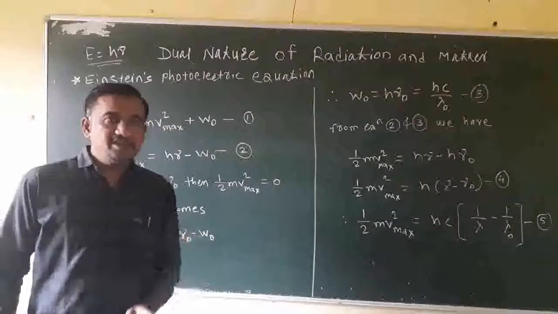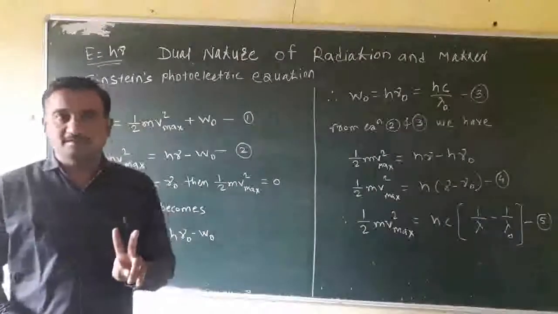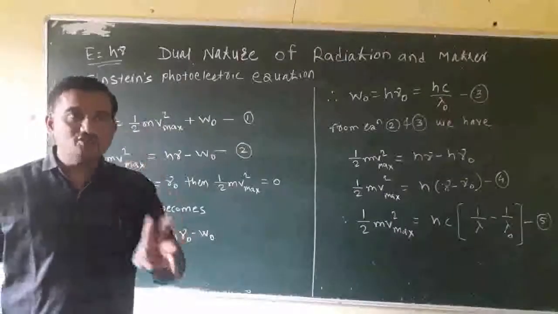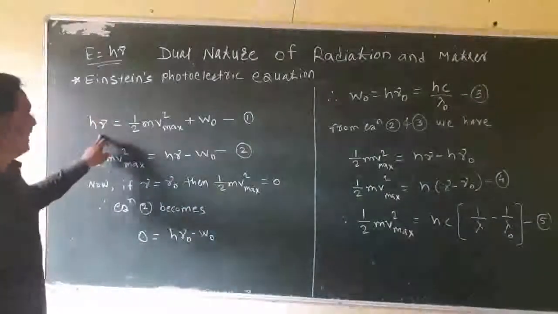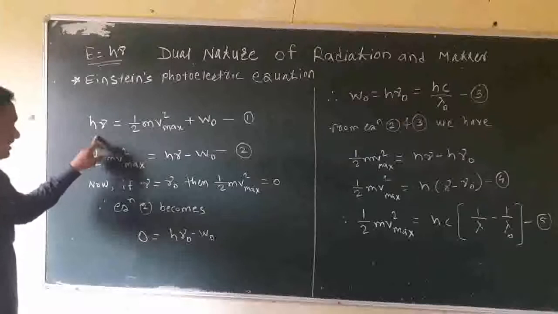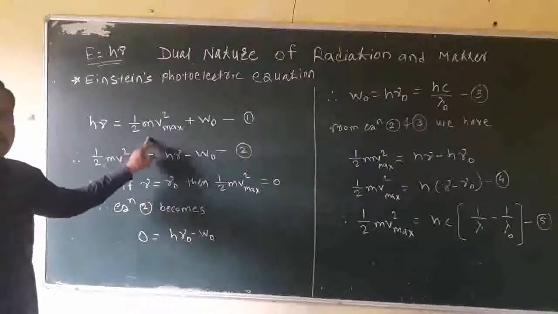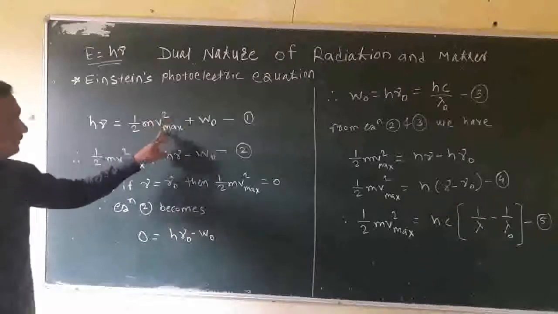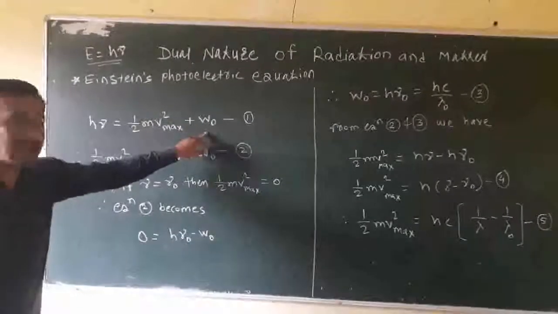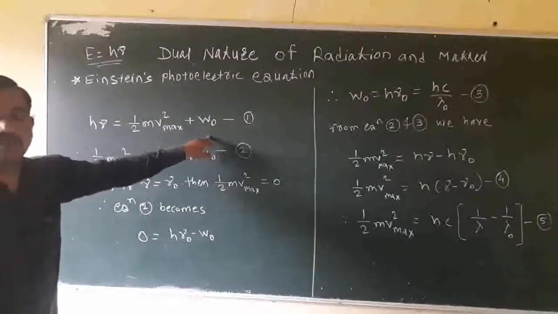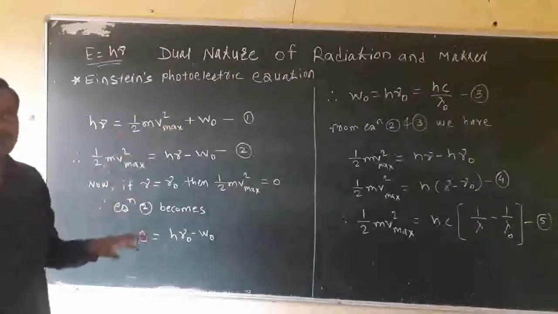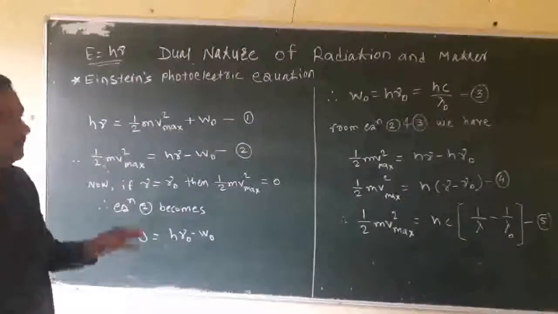So according to Einstein, the energy is used in two ways. That is, the energy of the photon, E equals h nu, is used in two ways. The first part is the maximum kinetic energy, that is 1/2 m v square max, plus the remaining part is used as the work function, the minimum energy required to free the electron from the metal surface.